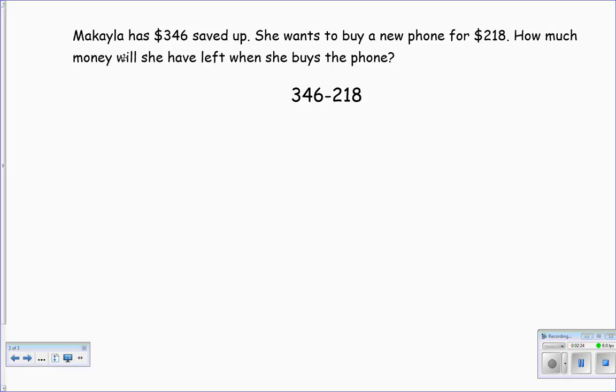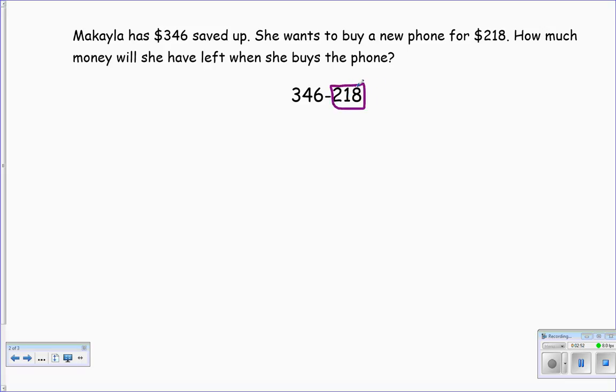So we have said for Michaela's problem that our equation is 346 minus 218. So how are we going to go about solving this? Well, the strategy that I'm wanting to show you today is the decomposing to subtract strategy. And how you're going to start this strategy is by looking at the number that you're taking away.